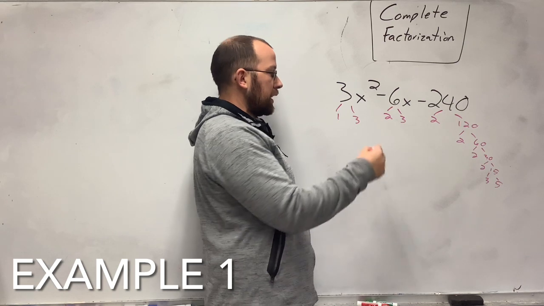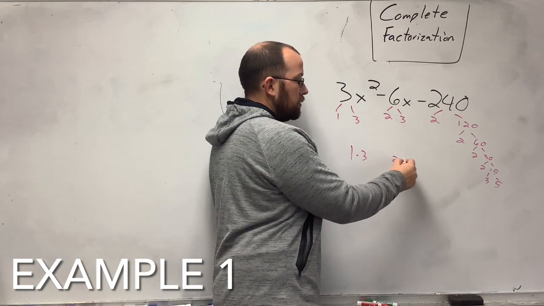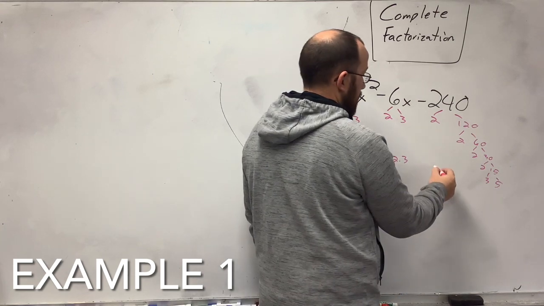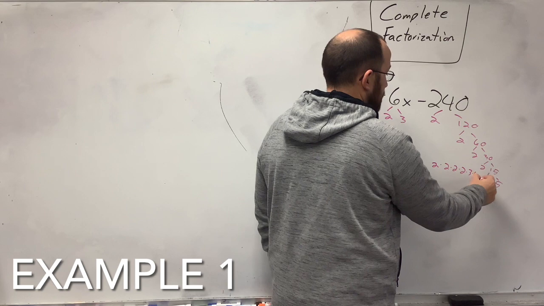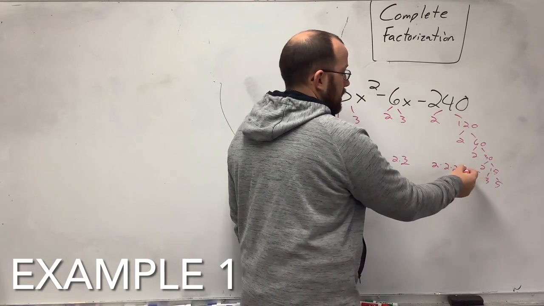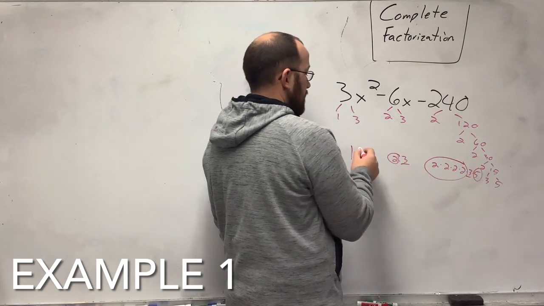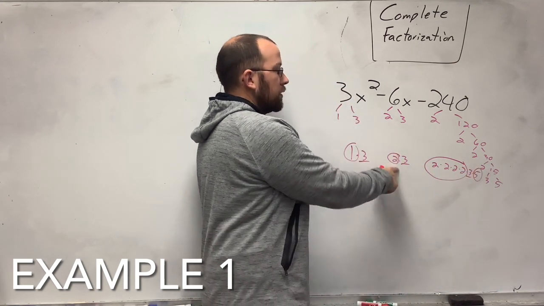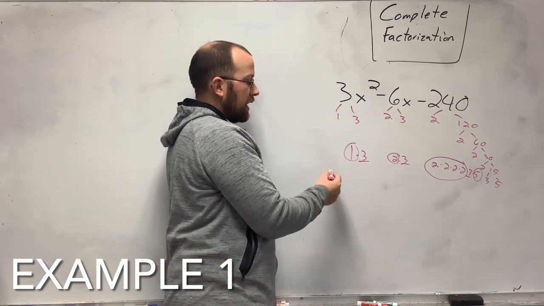I'm just working the whole thing out. Here I have 1 times 3. Here I have 2 times 3. Here I have 2 times 2 times 2 times 2 times 3 times 5. So this has a 3, this has a 3, this has a 3. Everything else is not common. So I divide everything by 3 and I put it on the outside.